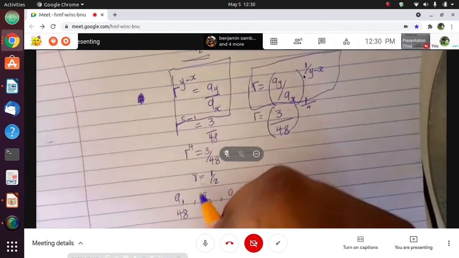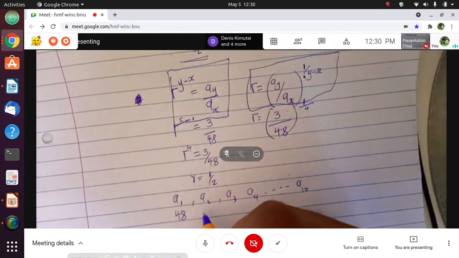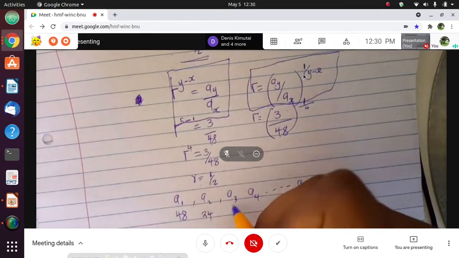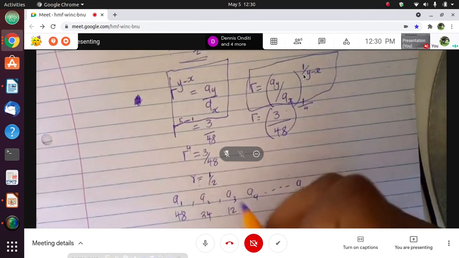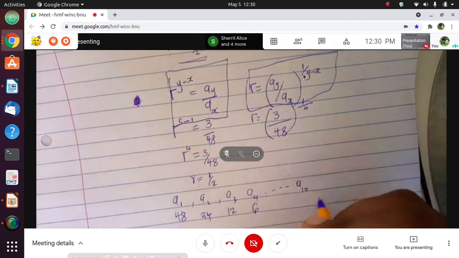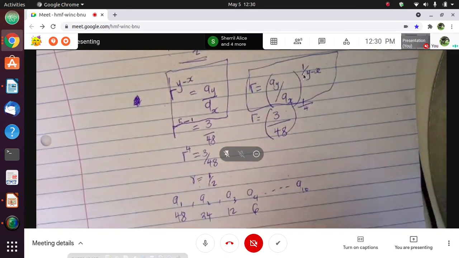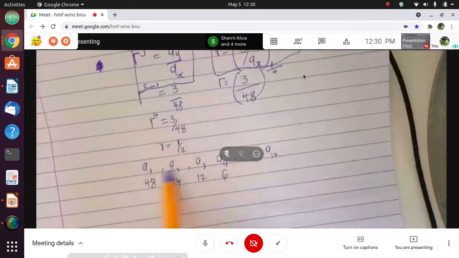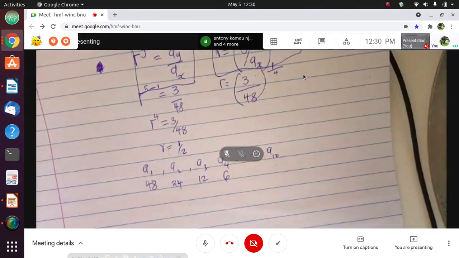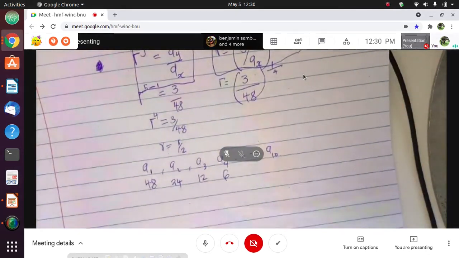So what will be the second term? 48 times a half to give us 24. The third term will be 24 times a half to give us 12. The fourth term will be 12 times a half to give us 6. And we can continue like that until you get the 10th term. This is easy because the number of terms is small. But if you had been given, let's say, the 50th term, you cannot go taking each number and multiplying it by a half. So you have to generate a general equation.